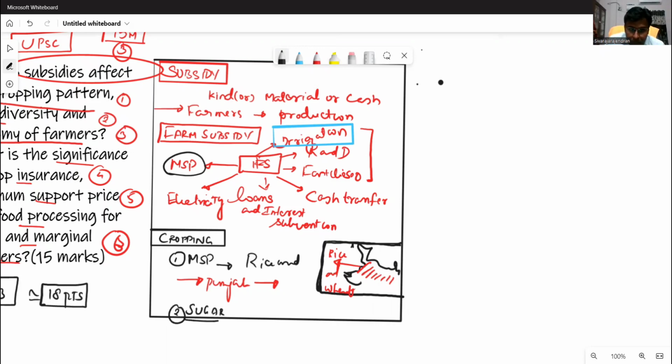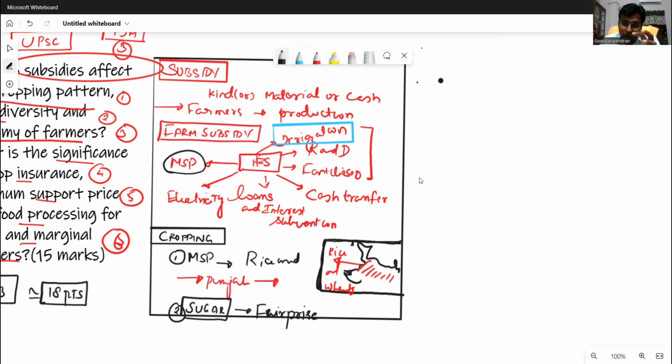The second point you can write is sugar, which has a fair price. Even in Tamil Nadu, there is competition between the Center and the state to give higher remuneration for sugar.